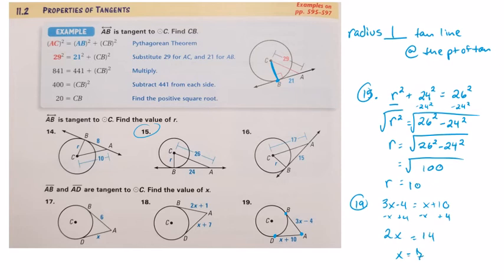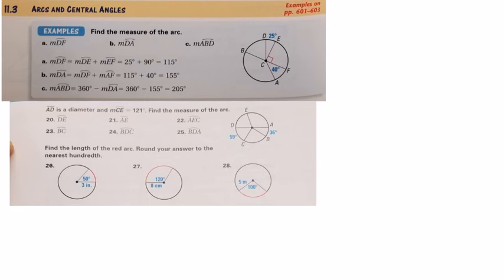Alright, let's move on to 11.3. In 11.3, we looked at arcs, major and minor arcs. Keep in mind, minor arcs were less than 180 degrees, so less than half the circle, so they're smaller. And the major arcs would be the majority, or a little bit bigger than 180. It's everything else left in the circle if you take away the minor arc.